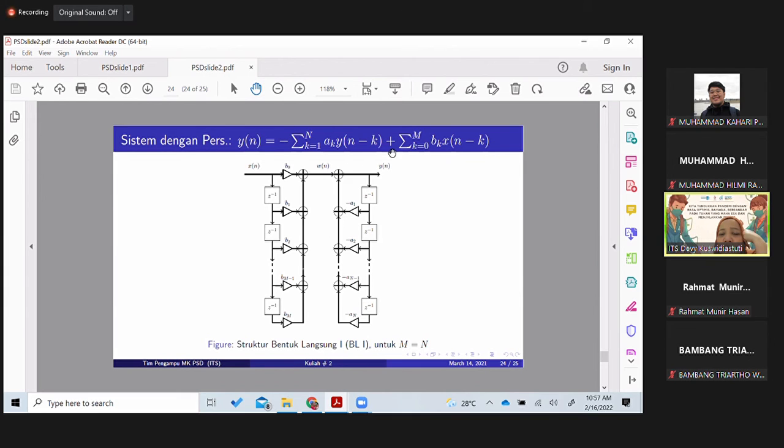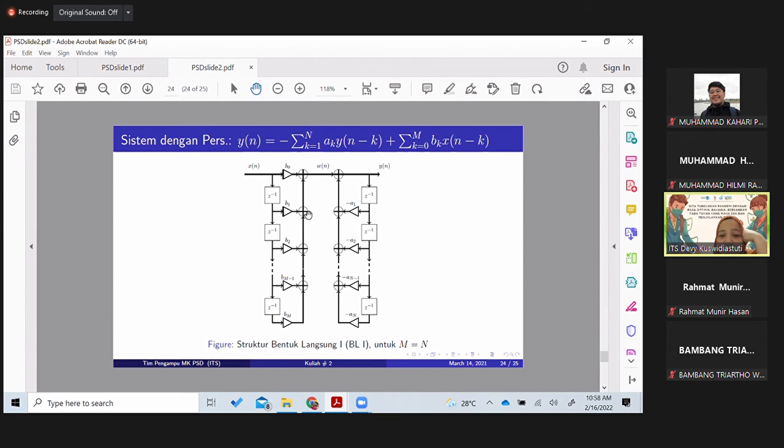This is the part of the output which must be fed back to the input of the system. This is the previous output value, and this is the input at the current time and the previous ones.